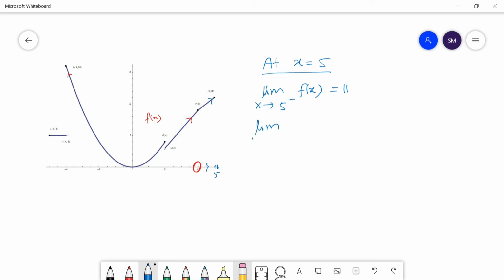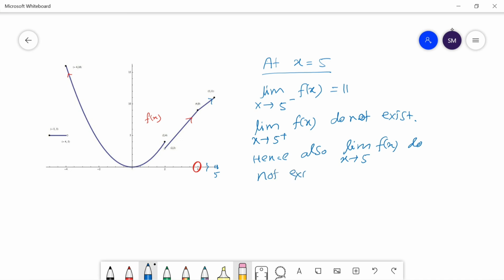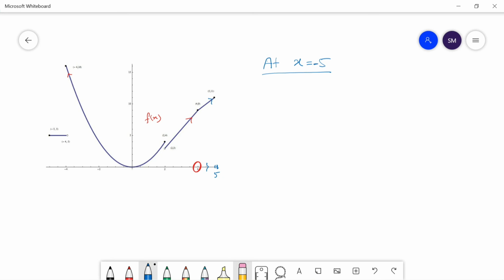Limit x tends to 5 plus f of x does not exist. Hence also limit x tends to 5 f of x does not exist.